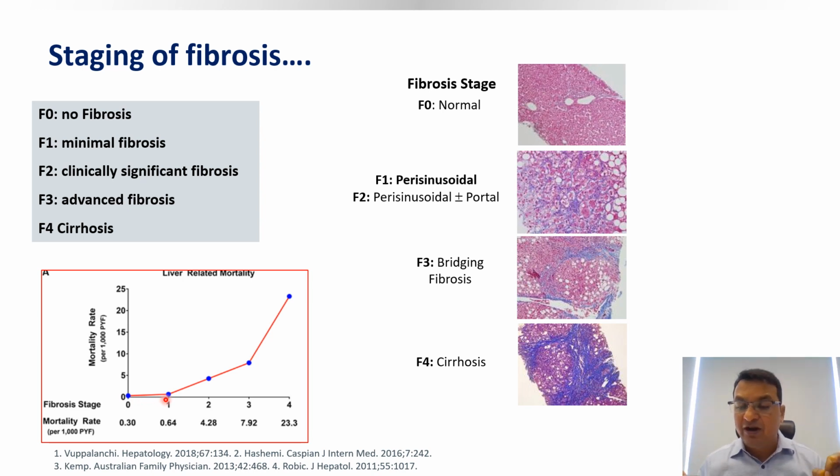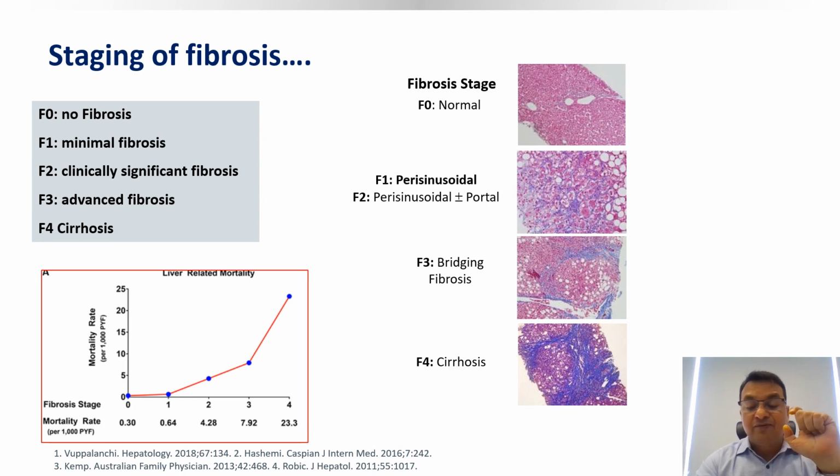The person does not have an elevated risk of future liver-related events or mortality. But as you go beyond F1, from F1 to F2, F3 and F4, there is an exponential rise in liver-related events and mortality, right?